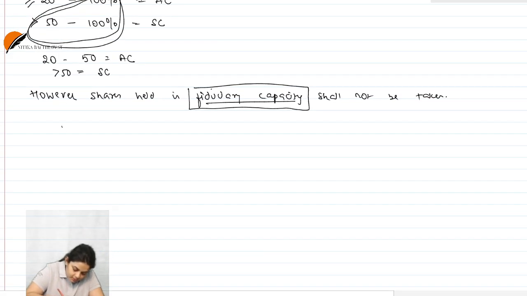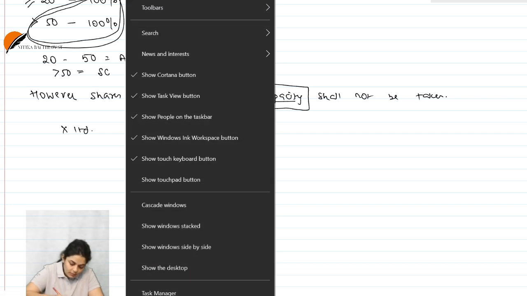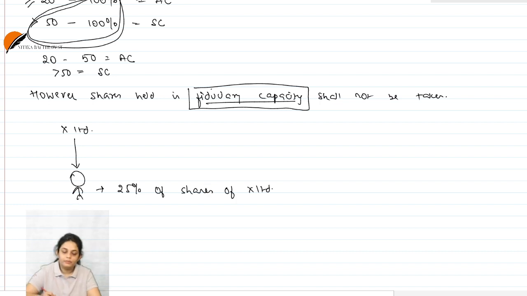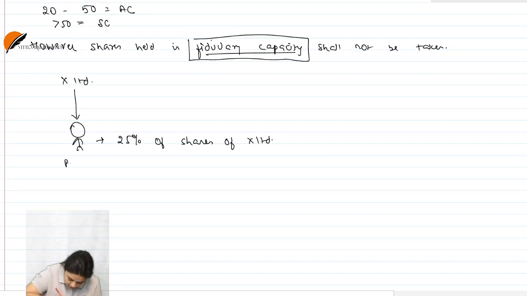Let's say X Limited. Our Mr. Bhola is holding 25% of equity shares of X Limited. Right? Our Mr. Bhola is holding 25% of the shares of X Limited.